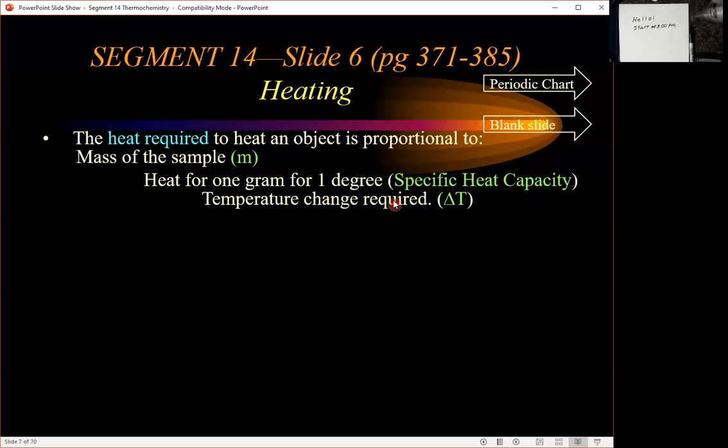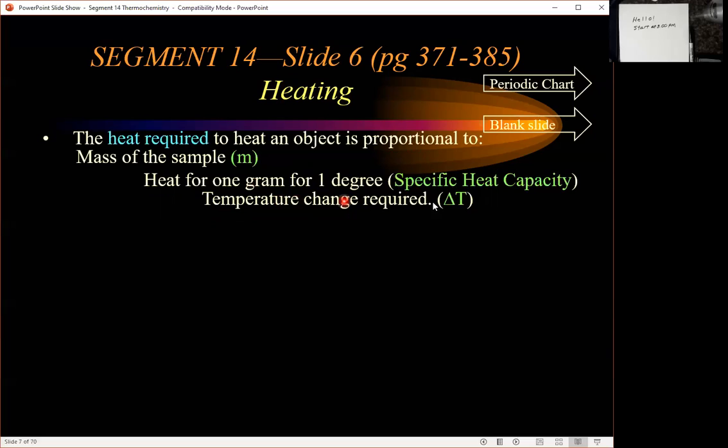If I'm heating a gram of water or a gram of steel, it's going to take a different amount of heat to go 1 degree, because water has a very high heat capacity, a big number, and metals have very small heat capacities. It doesn't take much heat to change the temperature of a metal. It takes a lot to change the temperature of water.